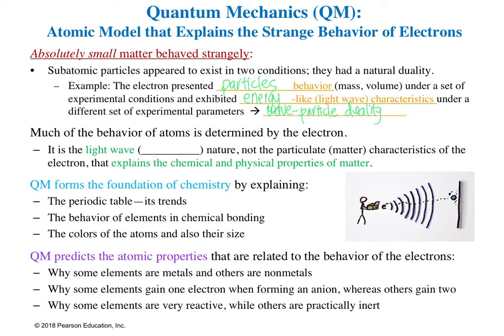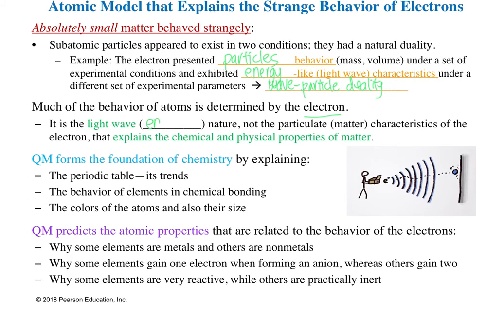We know that atoms are surrounded by electrons, and so they noticed that much of the behavior of atoms is determined by its electrons. So their light or energy nature is what makes up a lot of their properties versus their mass and volume, their particle behavior.